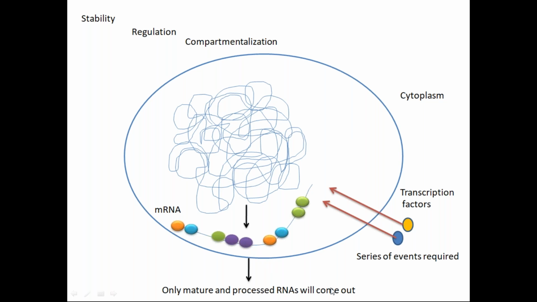Now, suppose we did not have this nuclear membrane, suppose I was not having this, then would this compartmentalization be possible? Was it possible? If this door was not there, if this compartmentalization was not there, what would happen?